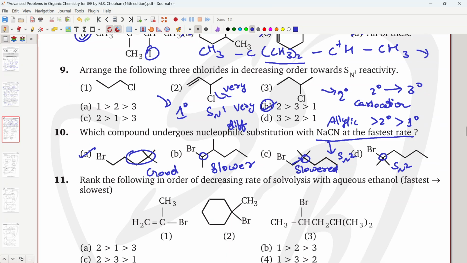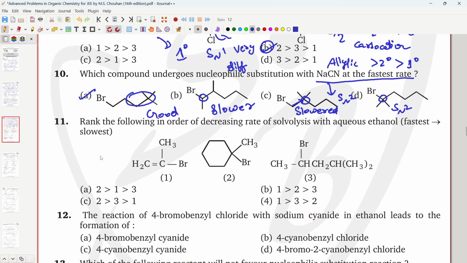Now rank the following in order of decreasing rate of solvolysis in aqueous ethanol, fastest to slowest. Now, if the word solvolysis appears, that means it's generally SN1 favored. So we have to compare carbocation stability.